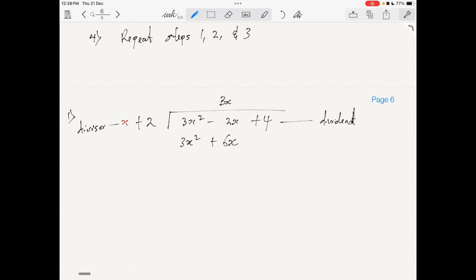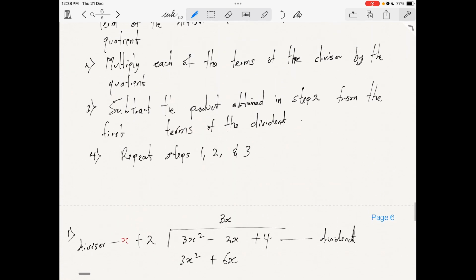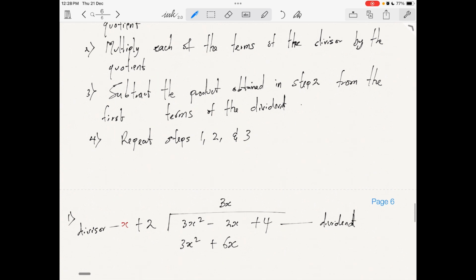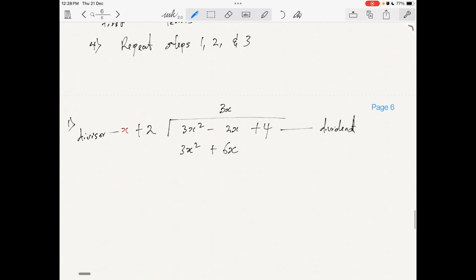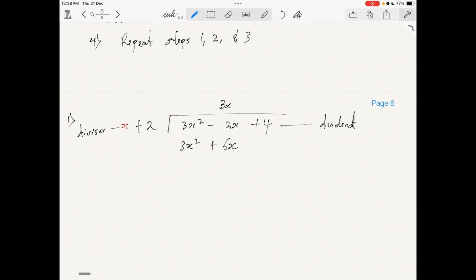Now after that is done, the next step is to subtract the product obtained from the first terms of the dividend. That means we are subtracting this from the dividend.